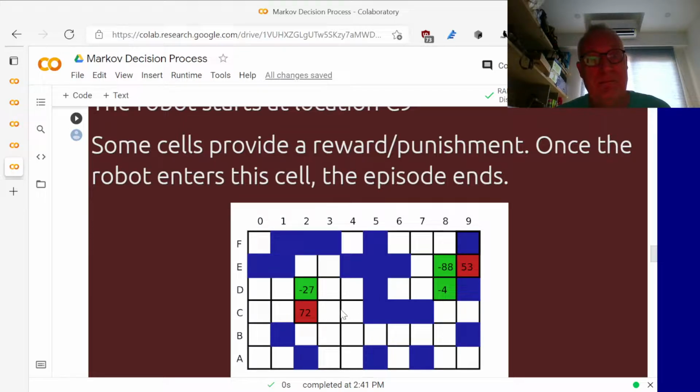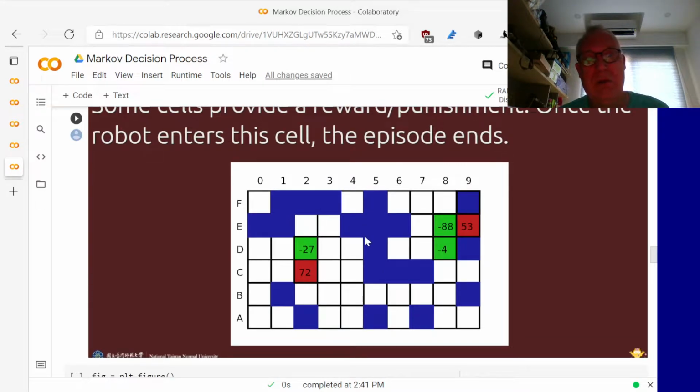And the world has obstacles in it. They are marked in blue here. Those are spaces that the robot cannot move to.